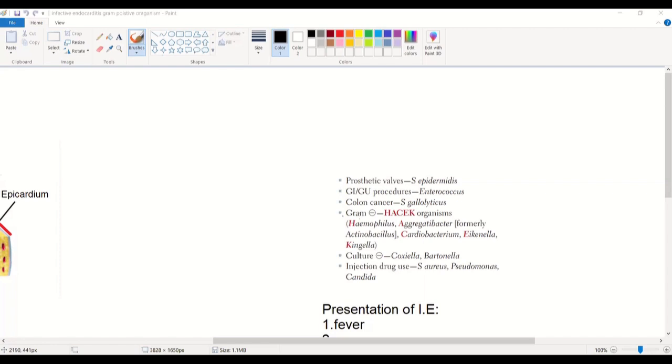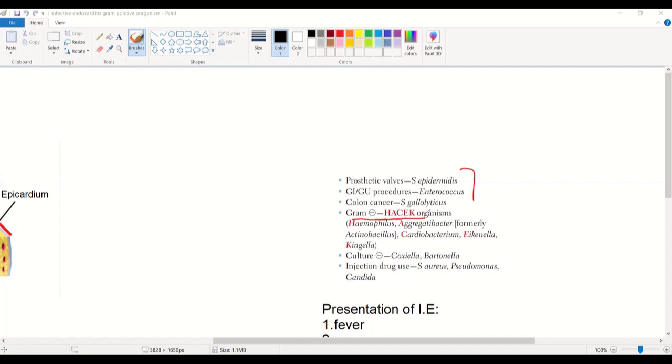So we discussed some of the gram positive already, right? These gram positive bacteria and their associations. The HACEK organisms are gram negative bacteria.